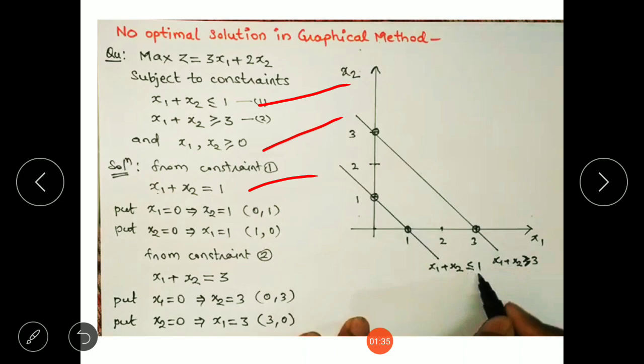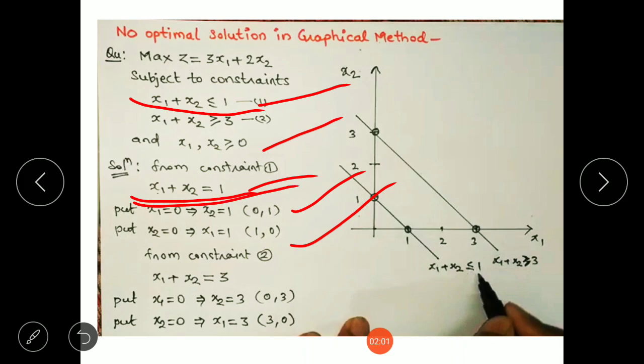After converting inequality constraint 1 into equation form, putting x1 equal to 0 we'll find x2, and putting x2 equal to 0 we'll find x1. So we get the points x1 equal to 0 and x2 equal to 1, and x1 equal to 1 and x2 equal to 0. These 2 points we got for the equation x1 plus x2 equal to 1.